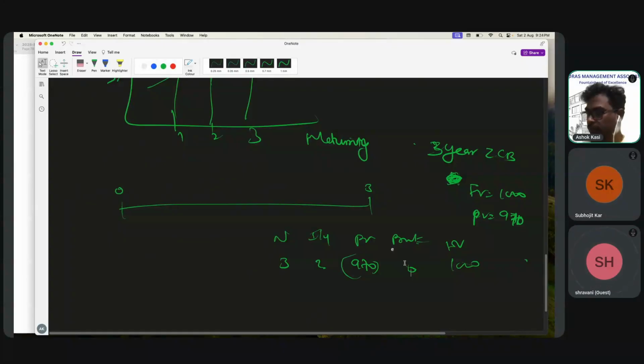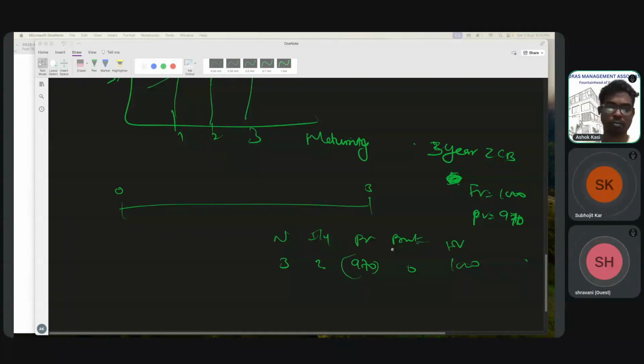Payment is zero, 1000 is FV, 970 negative PV, N is 3, and then compute IY. I'm getting 1.02.